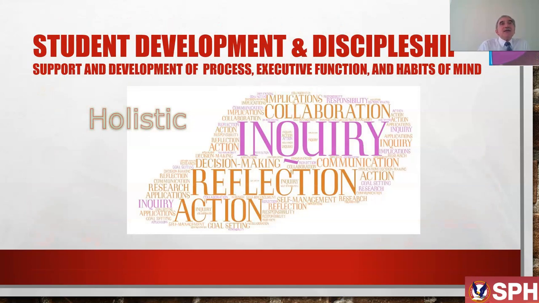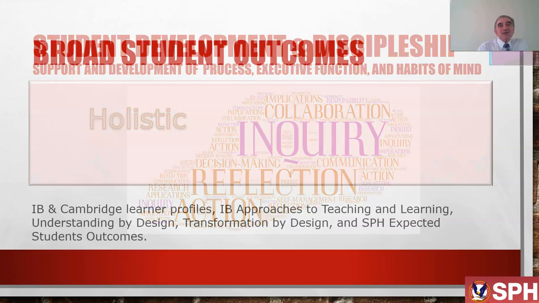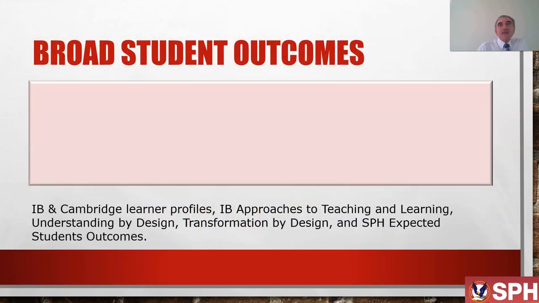So what we're really looking at here with student development and discipleship are some process objectives. Some people call them executive function objectives, habits of mind, but the holistic education is really what we're looking at here. And so these are the objectives we're looking at.